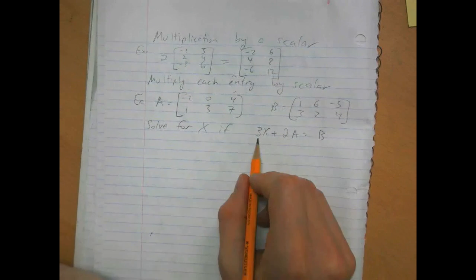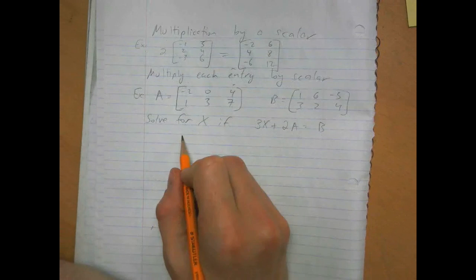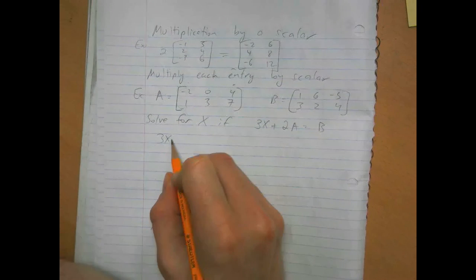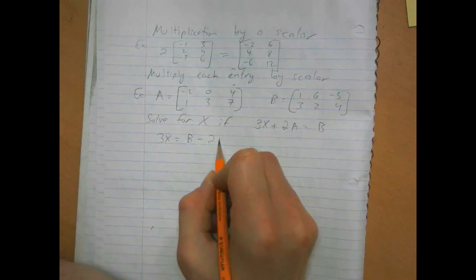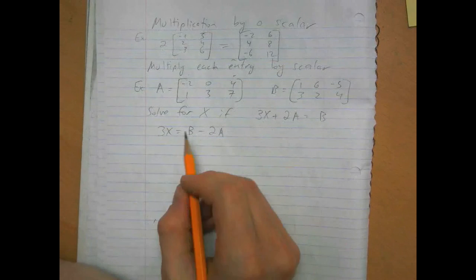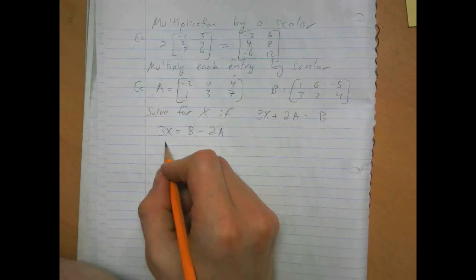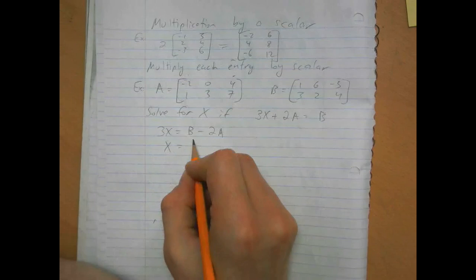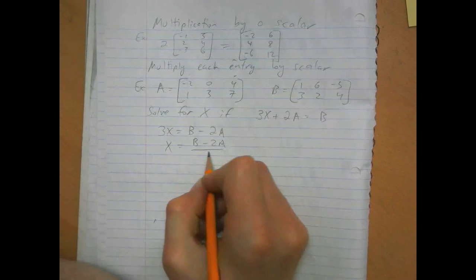So just doing a little bit of simple algebra, I would get 3X equals B minus 2A, and that gives us that X then equals B minus 2A over 3.